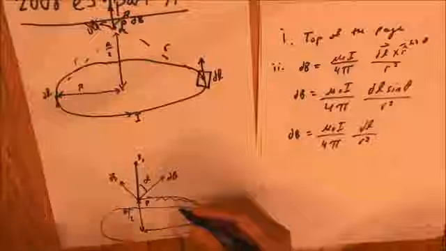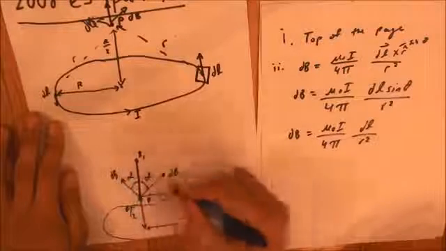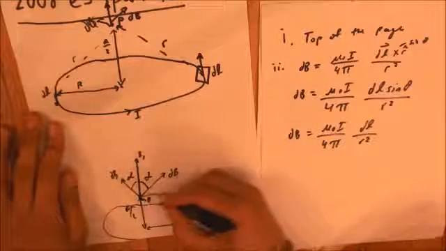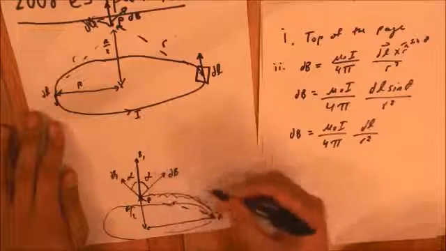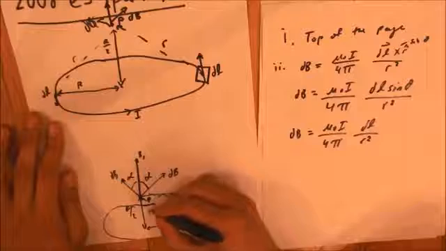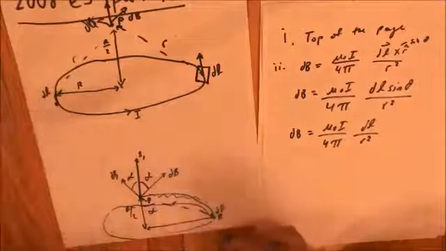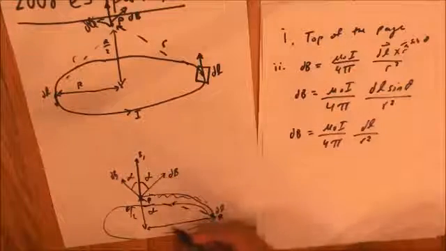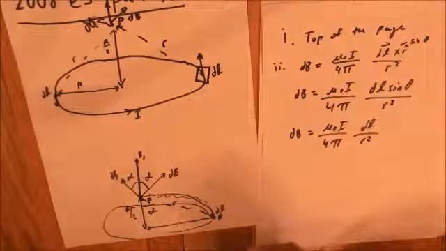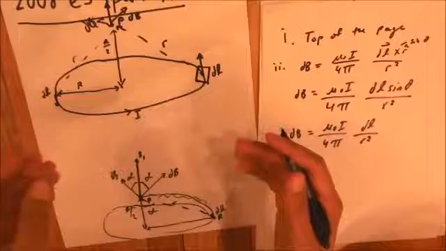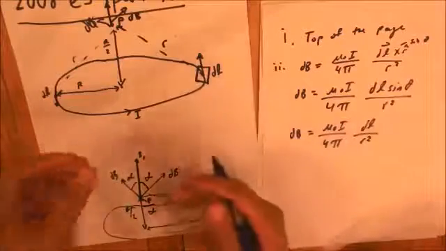Because there's symmetry, this angle will also be alpha. And then we can see that this is going to be our dl, this is going to be our R, and that this angle here will also be alpha. So we can convert this into terms of variables that were given, like R and little r, which we can turn into terms that were given as well.